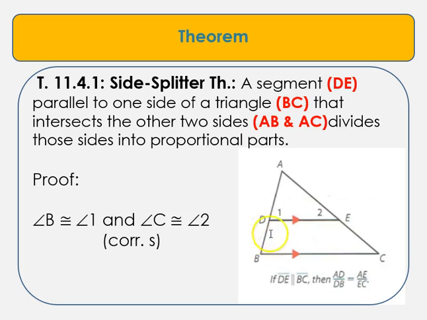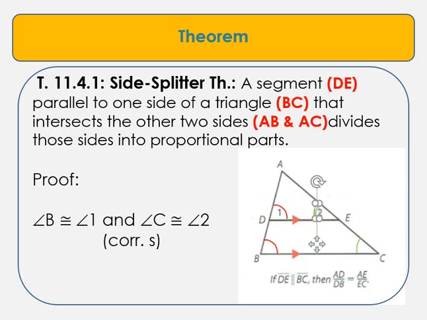So not only can you use these parts in a proportion, you can state that angle B is congruent to angle 1, and angle C is congruent to angle 2.